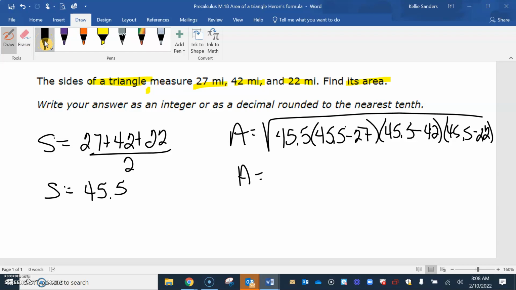So I have the square root button. $263.1, and you're done.